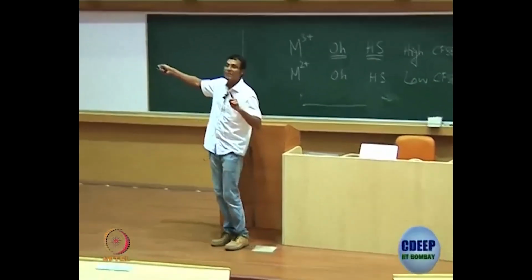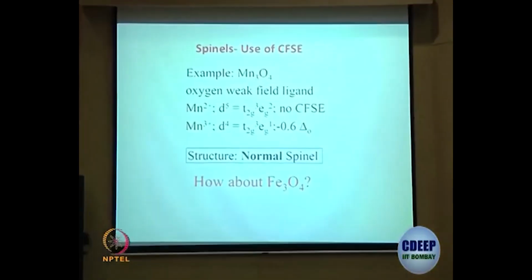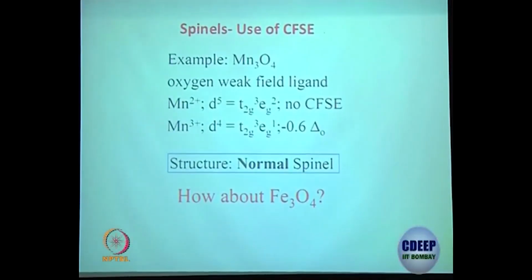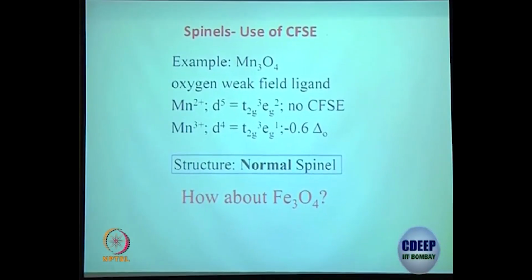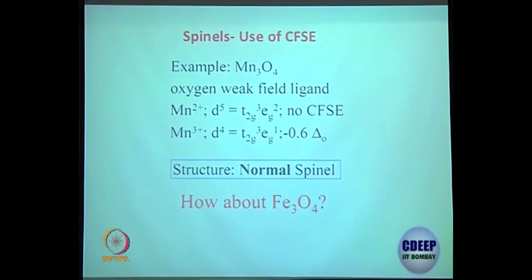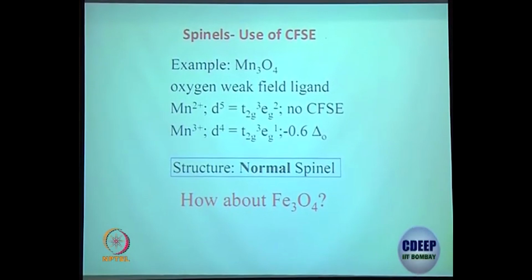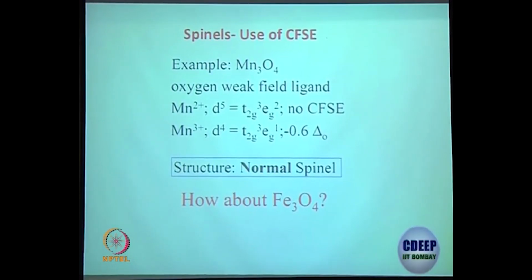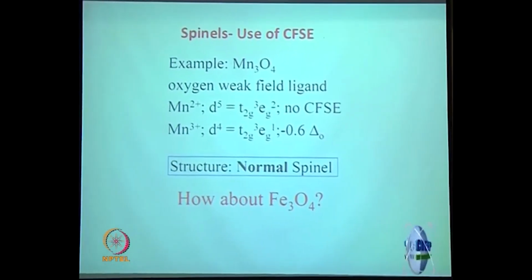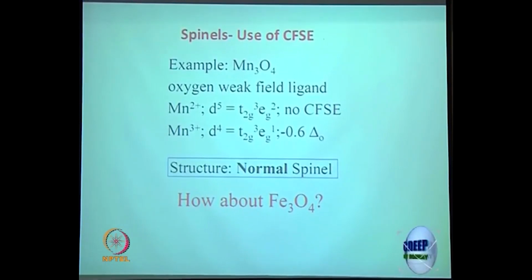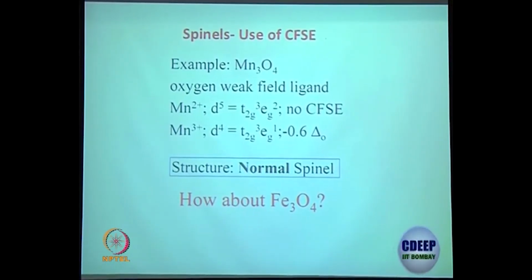Mn3O4. Of course, here oxygen usually, not always, there will be one example which is the other way, but usually oxides in these cases are going to be the weak field ligand.